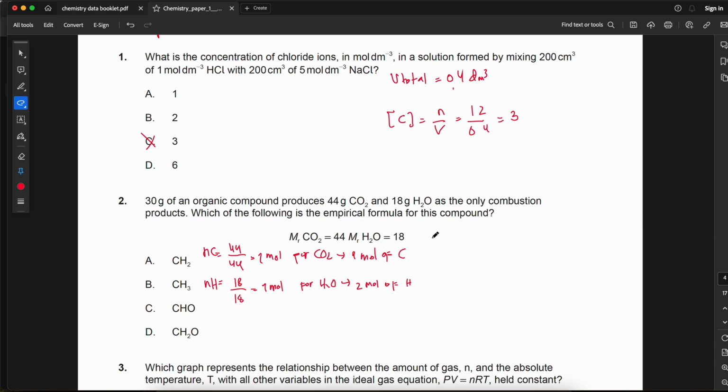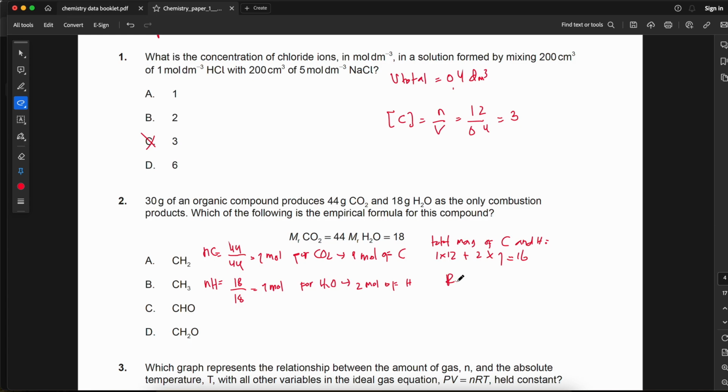So the total mass of C and H is 1 times 12 plus 2 times 1. So 1 mole times 12, the relative mass of C, and then 2 moles of hydrogen times the relative atomic mass of hydrogen, which is 1. So the total is 14.